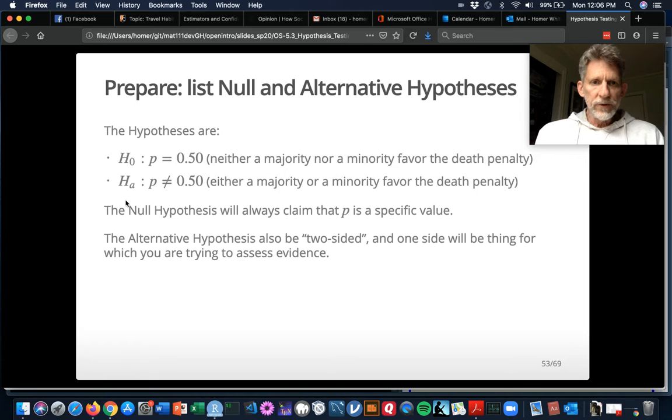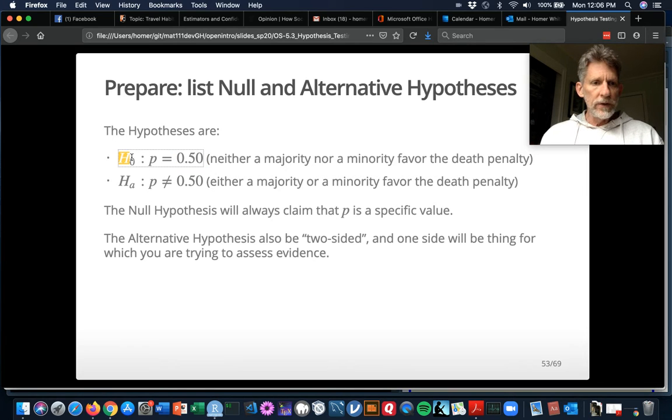Next, you want to write out the null and alternative hypotheses for your situation. Now, we were wondering whether the data provided strong evidence that a majority of the population favors the death penalty. So it makes sense to think about the boundary line between majority and minority, and that's 50%.